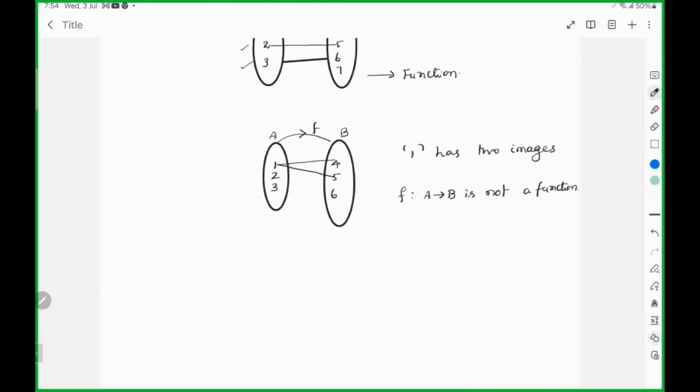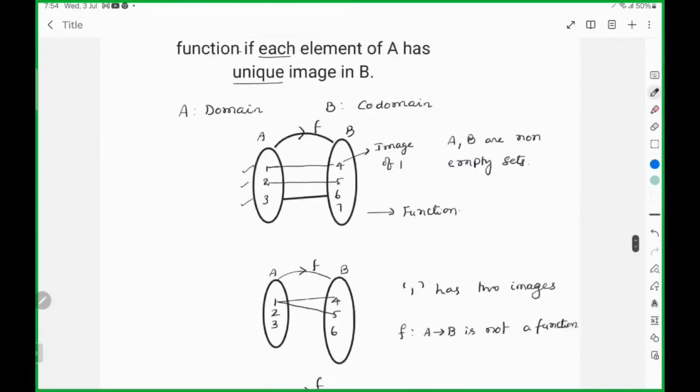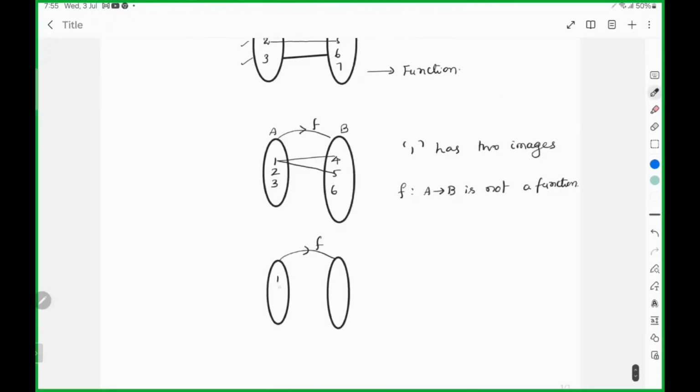Another example, which tells you about uniqueness and discusses the importance of each. If I consider three elements in set A and four elements in set B, this is one kind of mapping.